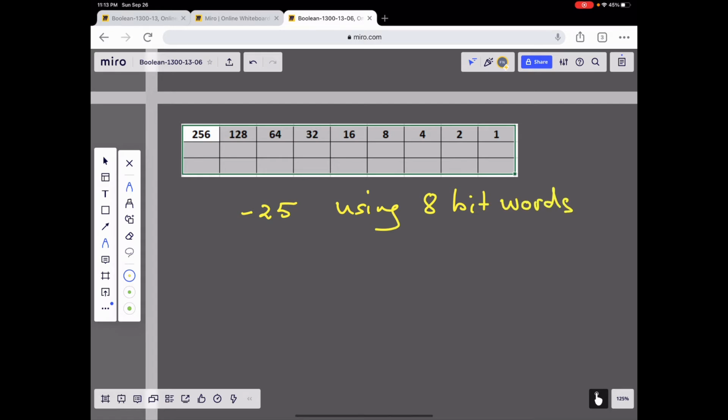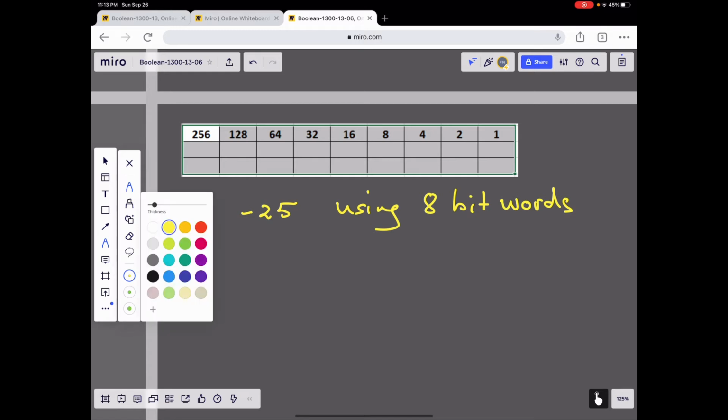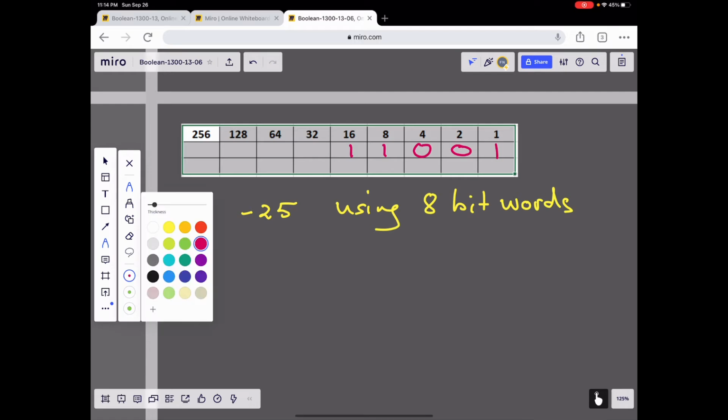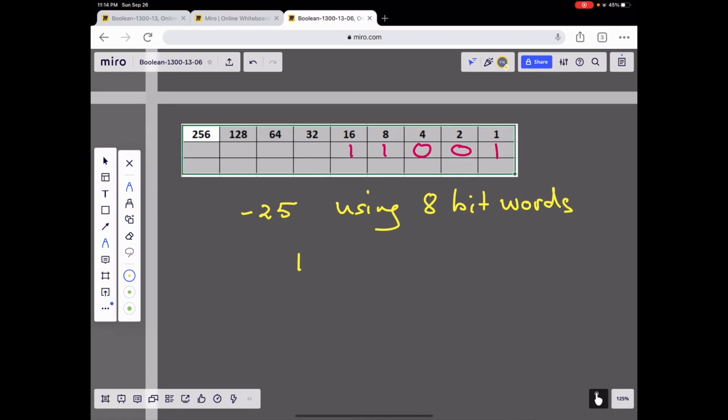I'm going to write down the number negative 25. First I need to know what positive 25 is. Positive 25 means 16 plus 8 equals 24, 24 plus 1 equals 25. So the answer is 1, 1, 0, 0, 1. That represents positive 25.